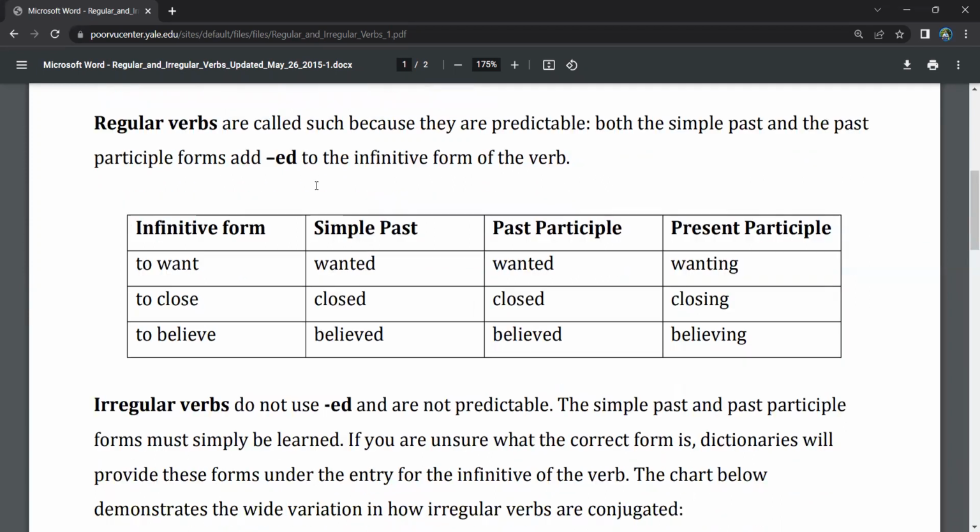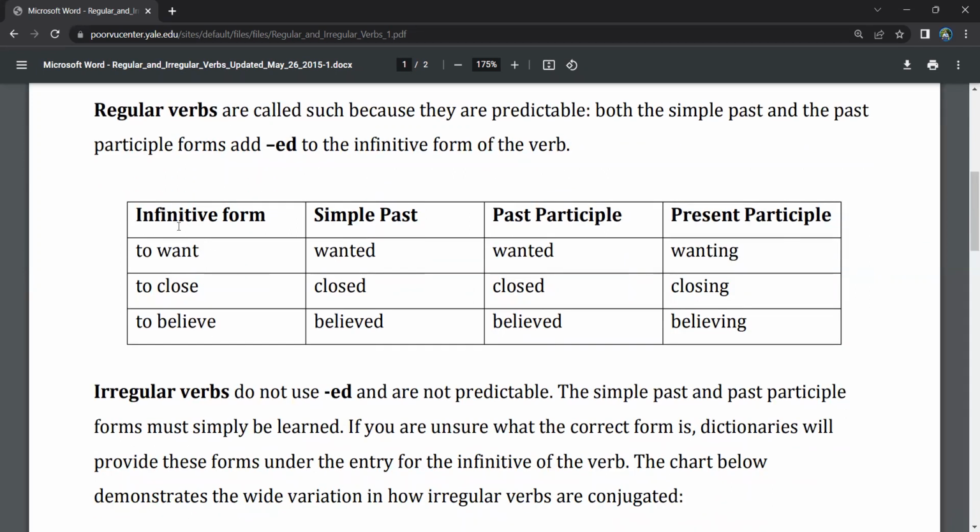Okay, example. For the first column, we have the infinitive form, to plus the base form of the verb, like to want, to close, and to believe. To change it to the simple past, you're just going to add ed at the end of the base form of the verb, like want, wanted. Past participle, wanted, and then present participle by just adding ing at the end, wanting.